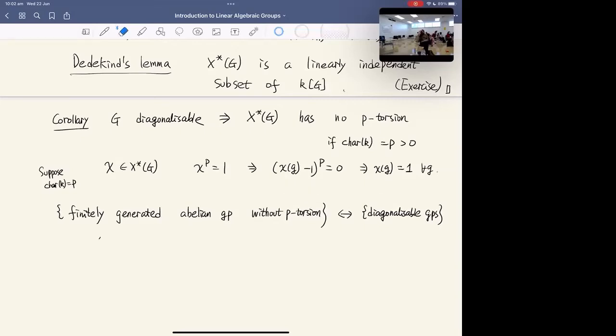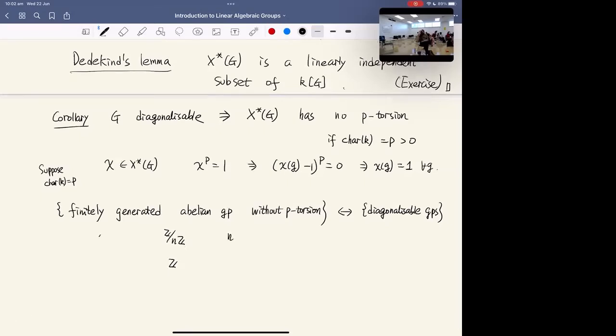Okay, so what are the finitely generated abelian groups? You can have Z mod nZ, and you can also have Z to the power n. Without p-torsion means p does not divide n. Then what would be the diagonalizable group corresponding to this group?